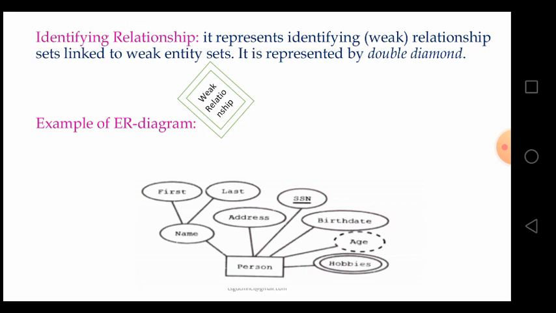That means birth date is used for age calculation. Next, habits is the identifying relationship. It is dependent on person.